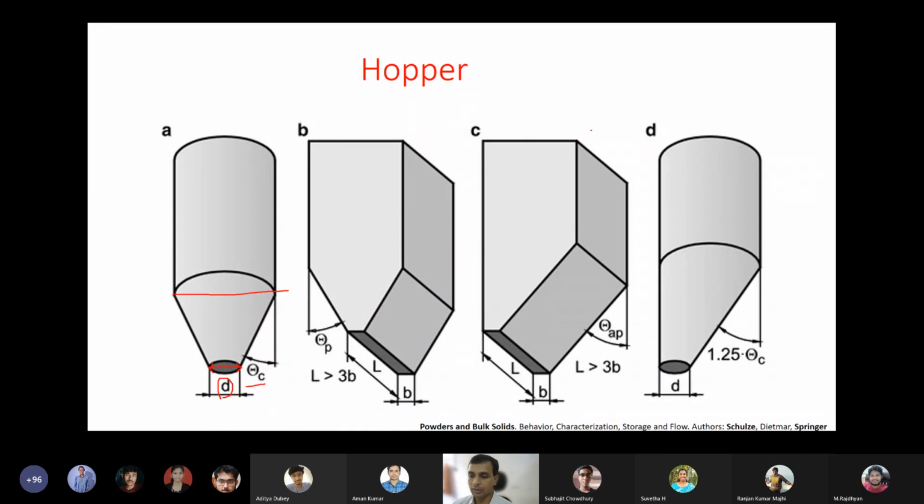There are basically 4 types of Hoppers, but primarily two types, which are replicated here. We have the conical Hopper, then the rectangular cross section with the wedge-shaped Hopper, then the symmetric Hoppers, where we have taken only half of the cross section.